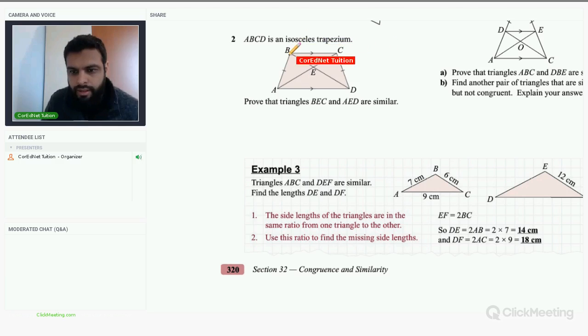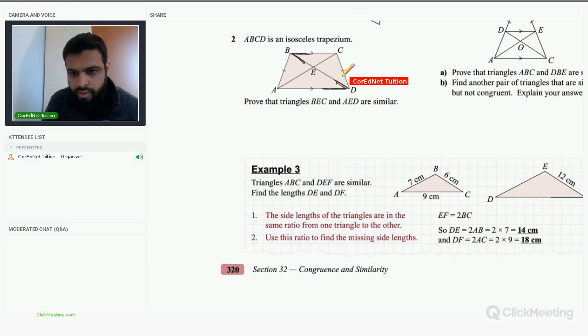equals, so let's look at angle ADE, which is this one here, is equal to that one there, can you see? Sorry, from alternate angles.